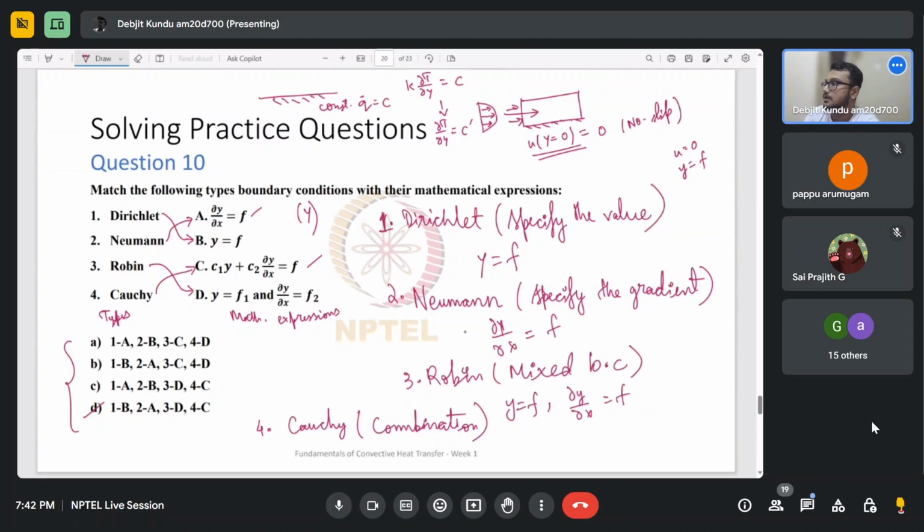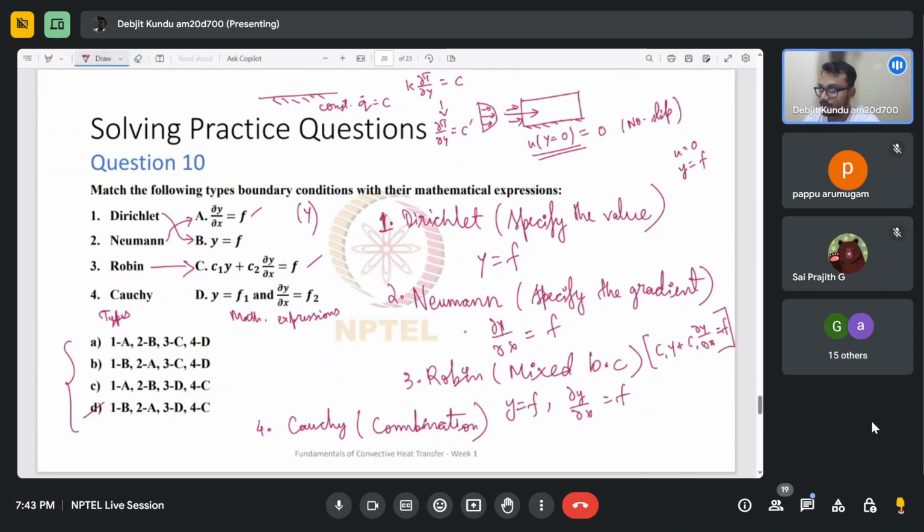So Robin boundary condition is this one, so yeah, sorry, my mistake. So mixed boundary condition means we employ an equation which involves both the values and the gradients, which is specified by some other value.